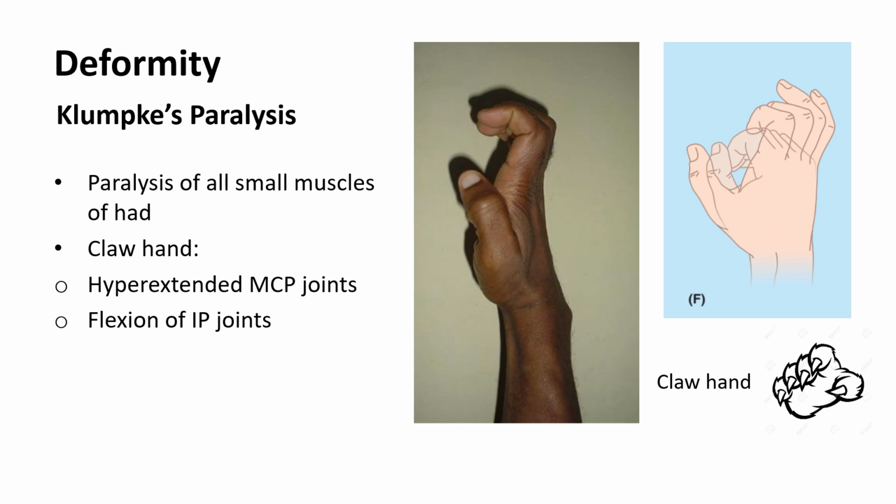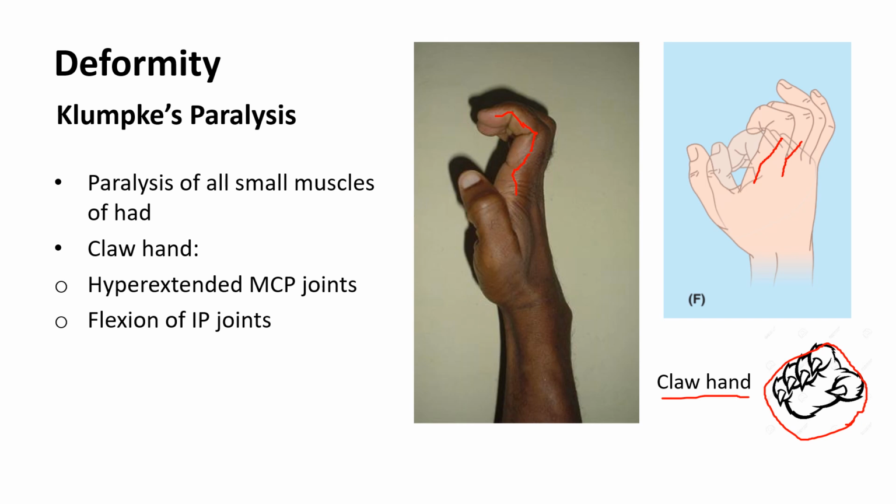As you can see, the hand in this deformity resembles a claw, so that's why we call it claw hand. Here we can see that the metacarpophalangeal joints are hyperextended, while the interphalangeal joints are flexed.